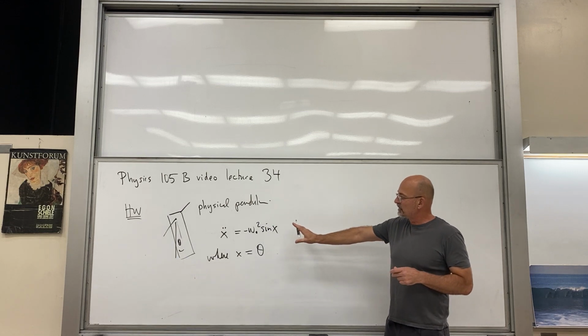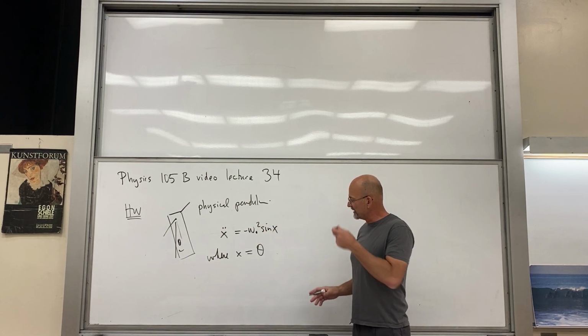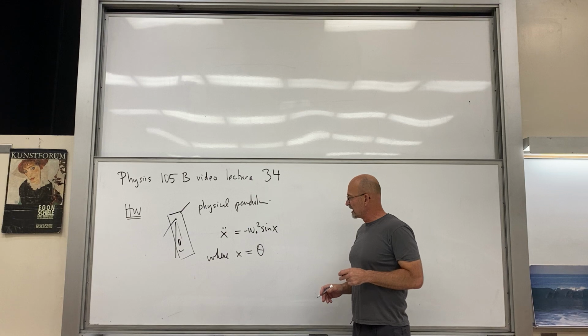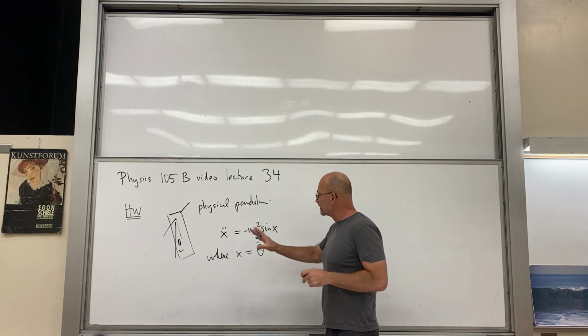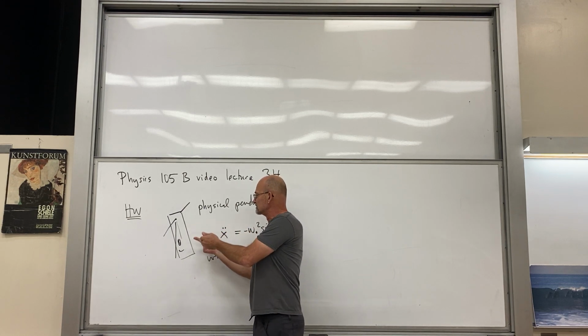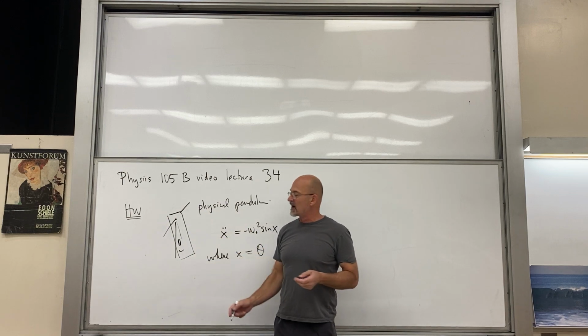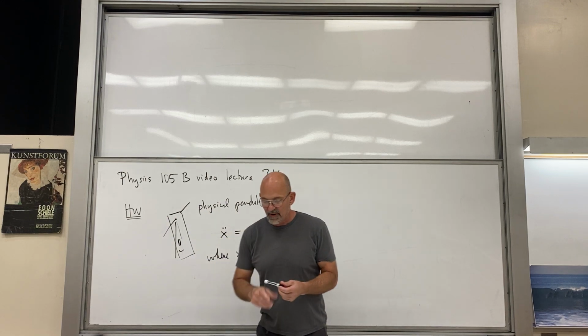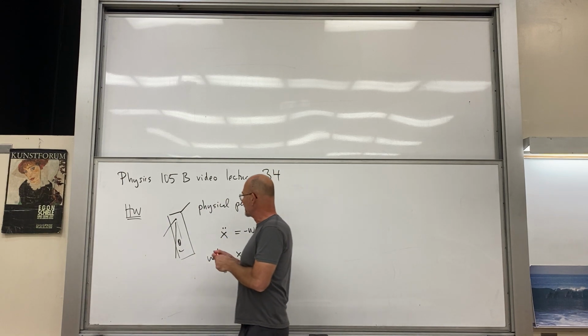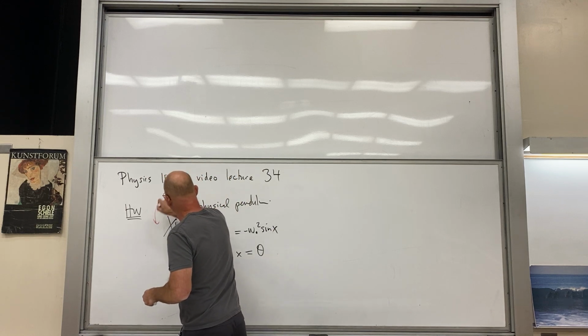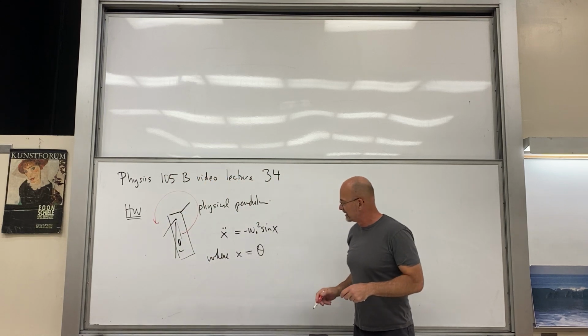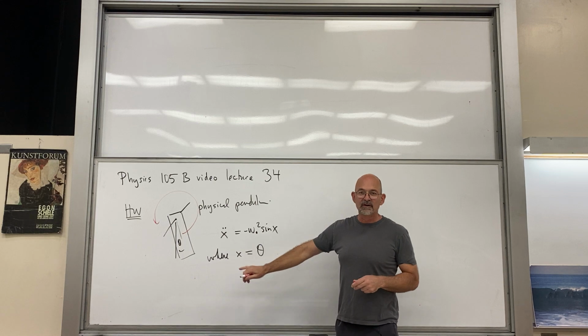So what we want to do is the stability analysis on this thing. And it'll be good because we have the full visualization of what's going on. The thing about this pendulum, being a physical pendulum, is that it can go through the full 360 degrees. In other words, x is not bounded here.